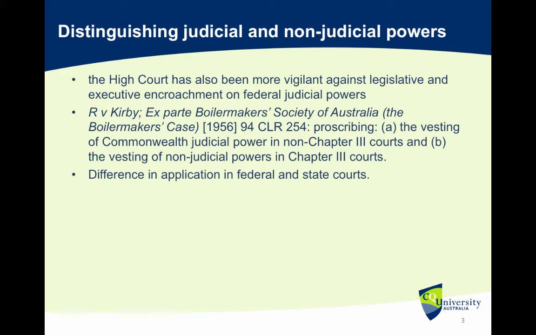They cannot be removed from office, except, for example, under Section 72, by the Governor General in Council on address from both houses of the Parliament, where he makes a prayer that such removal be on the ground of proven misbehavior or incapacity. Their appointment also has to be by the Governor General in Council, and their remuneration is also protected in the sense that Parliament is not permitted to diminish their remuneration during their continuance in office.